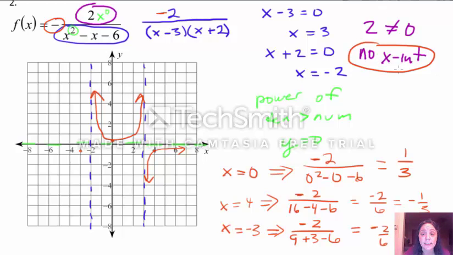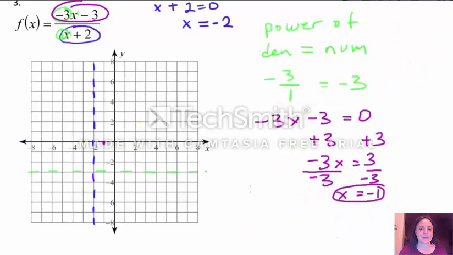I know I have no x-intercepts, so I can safely sketch my curve in here approaching this asymptote. We'll move on next to problem 3.